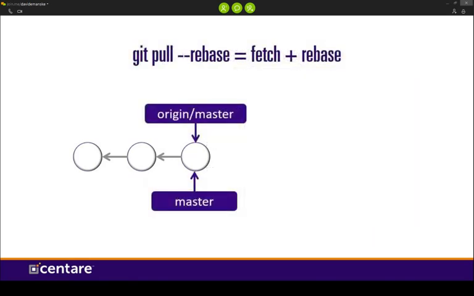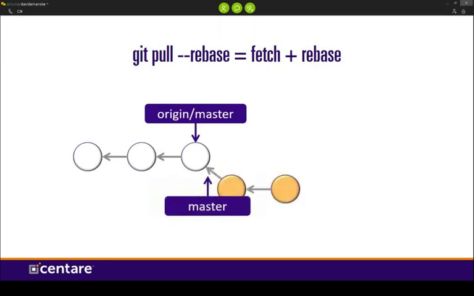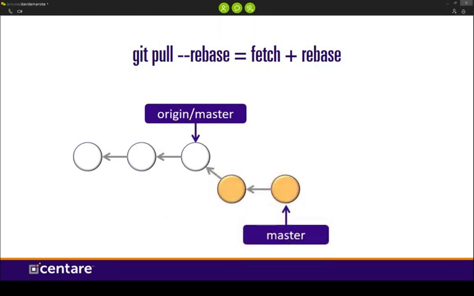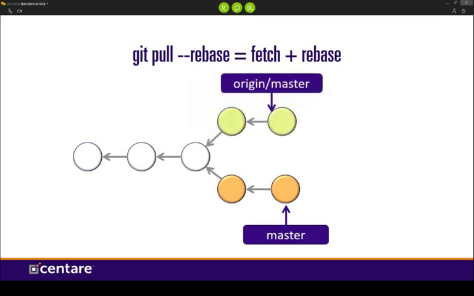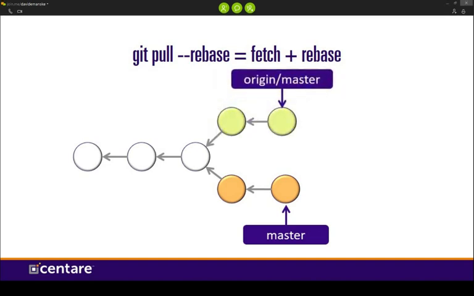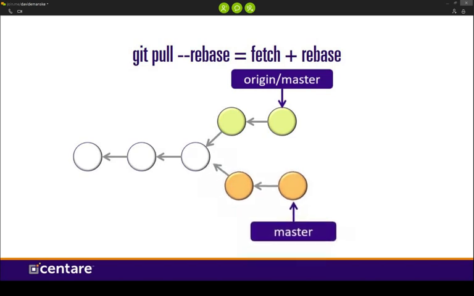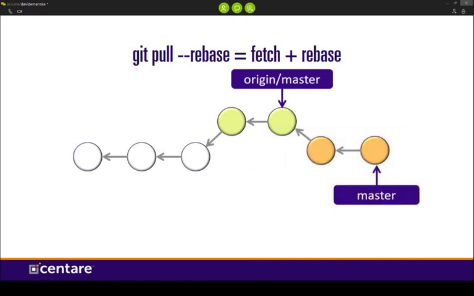There's an alternative. If you don't want that merge commit in there, you can use the rebase feature of Git to make your commit graph a little cleaner as you go. So you've got your changes that you've made, and you've got the changes on origin, same as before. But now instead of creating a merge commit at the end, we're going to do a rebase, which basically just replays your changes on top of the other branch.